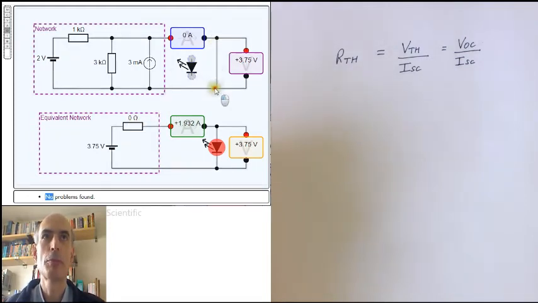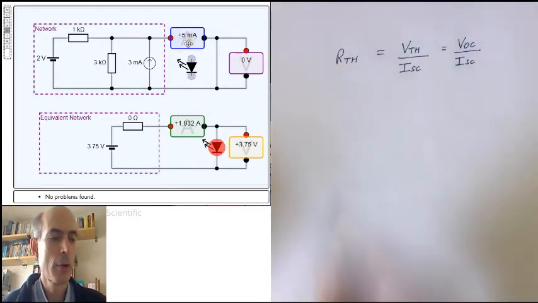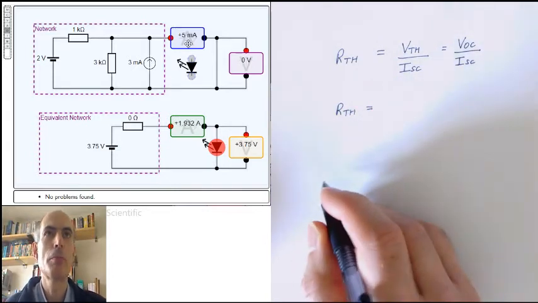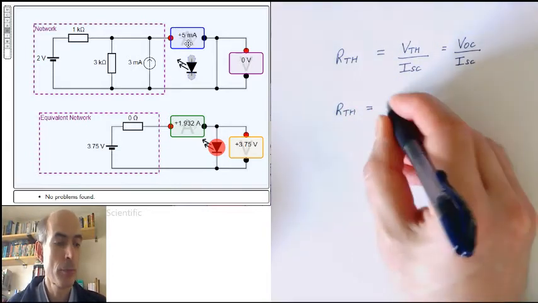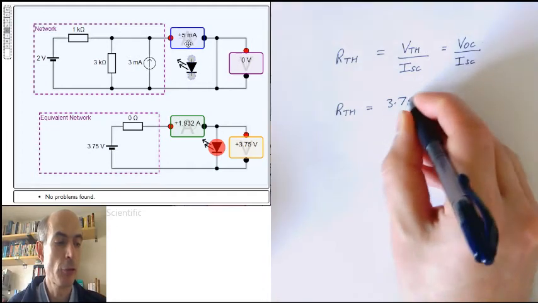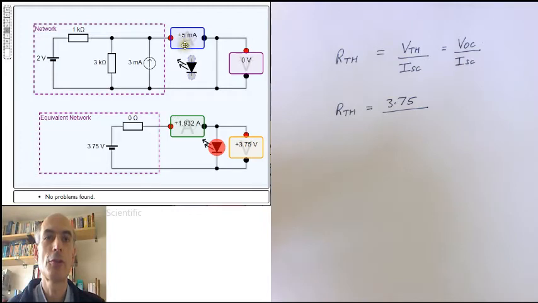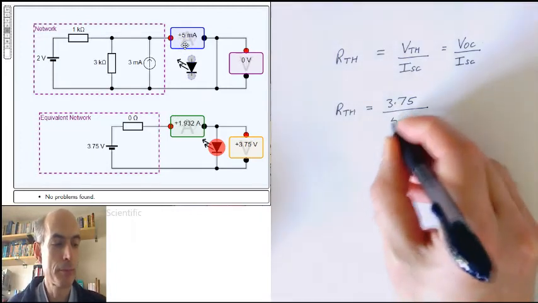So let's just put a short circuit across the outputs of our network, and I'll see the short circuit current is 5 milliamps. So the resistance in my Thevenin equivalent model should be the open circuit voltage, 3.75 volts, divided by the short circuit current, which I can see is 5 milliamps.